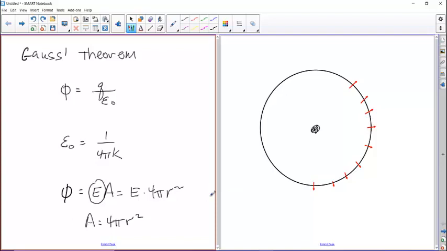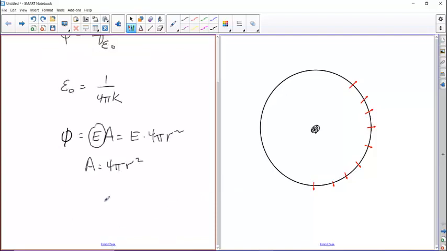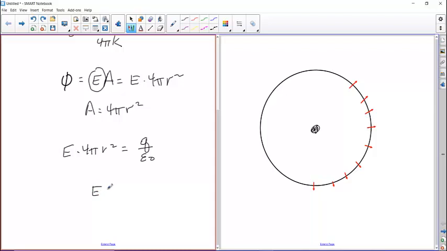So if you plug that in here, you get the flux, which is the electric field strength times 4 pi r squared, is equal to Q divided by epsilon 0, or the electric field as a function of radius is going to be Q divided by 4 pi epsilon 0 r squared.